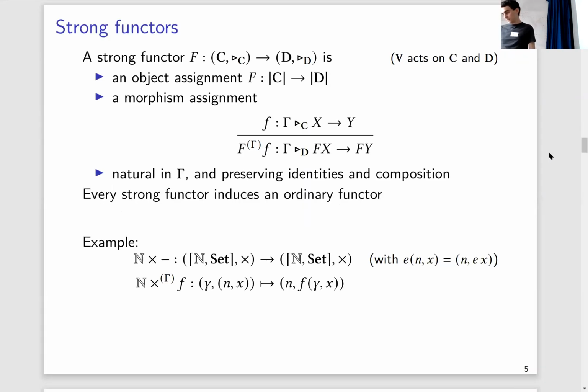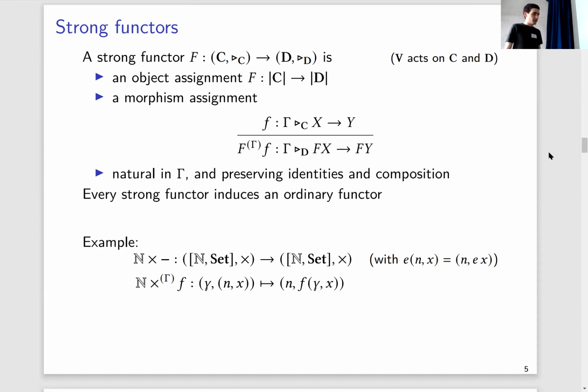Another example would be to take this category N comma Set, so we have endofunctions on sets. Then one functor we could define is taking products with natural numbers. And on morphisms, we can say, well, just do nothing interesting with gamma. So just pass gamma to X, exactly as we did for the list functor.